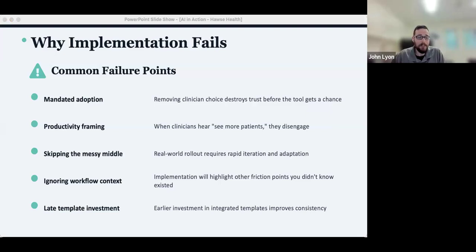Productivity framing makes clinicians hear "you're not doing enough," even if leadership intends something else. Skipping the messy middle of actual implementation ignores the fact that workflows have to be changed in real time. And implementation often reveals friction points that you didn't know existed.